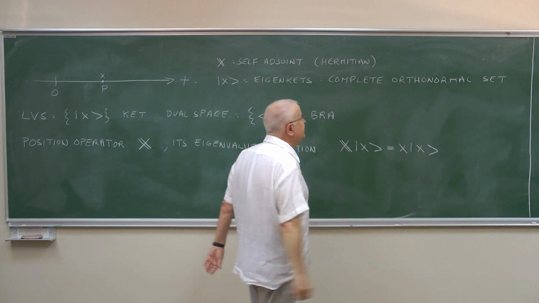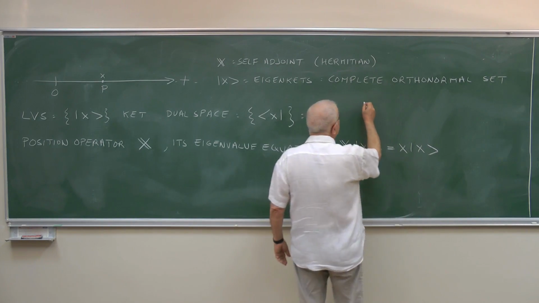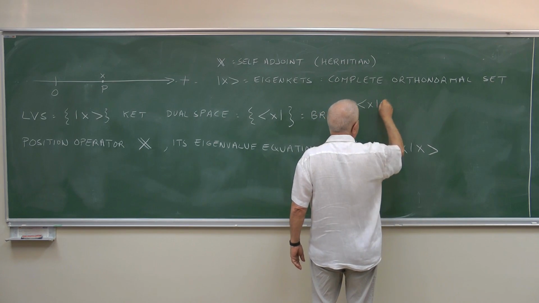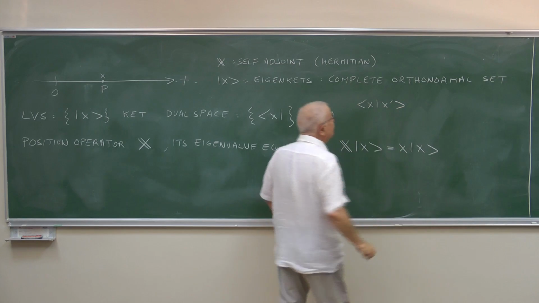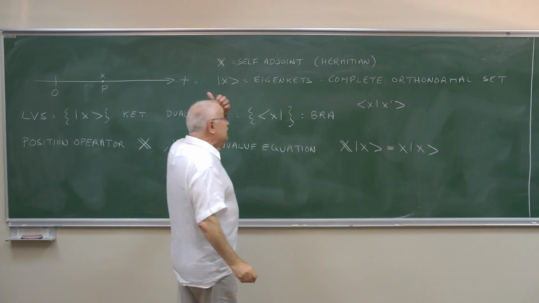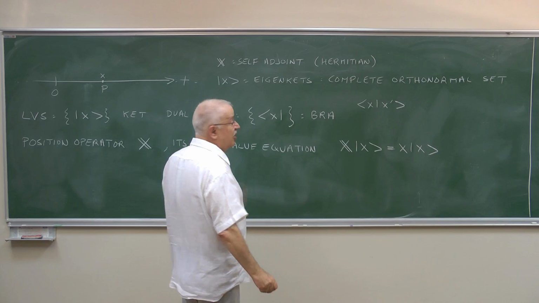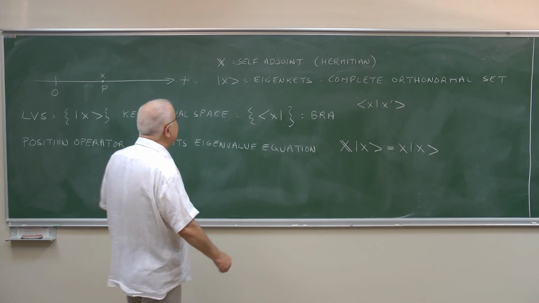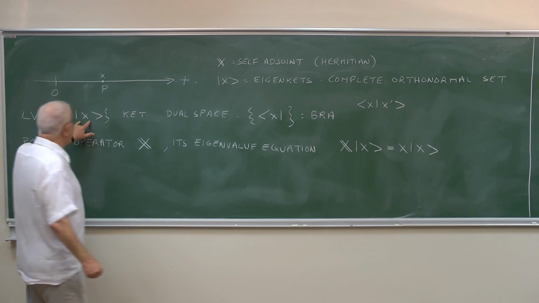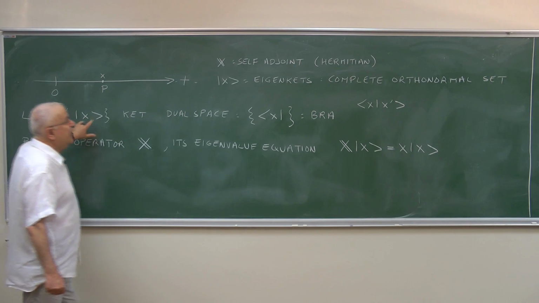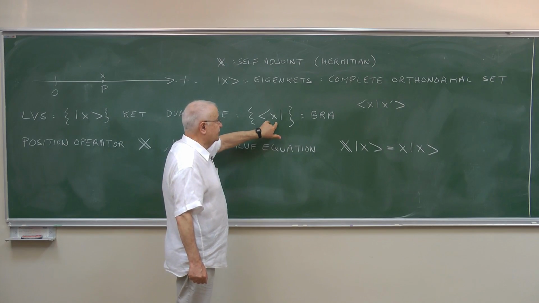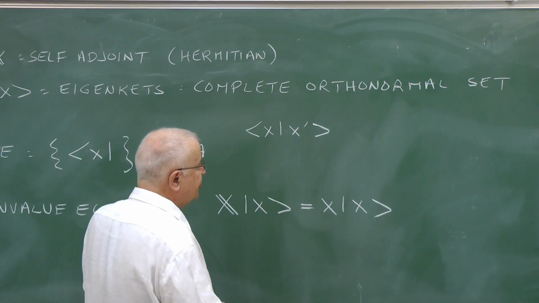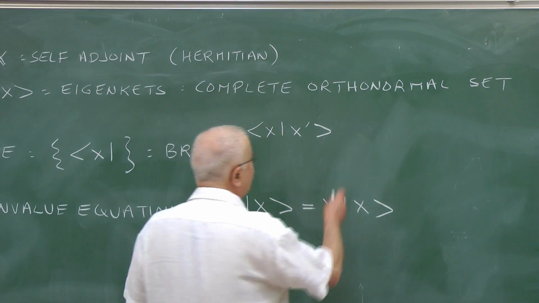What do I mean by this? First of all, the normalization: the x and x prime scalar product. When we start learning about these things, we should imagine that these kets are column vectors and the bras are row vectors. So a row vector times a column vector is just a number. So this is a scalar product.